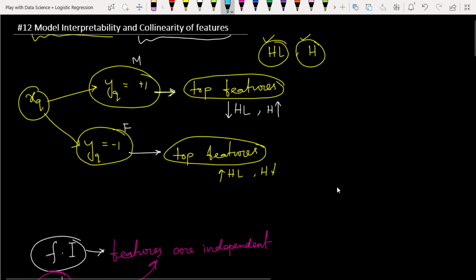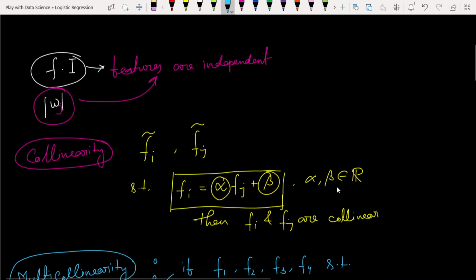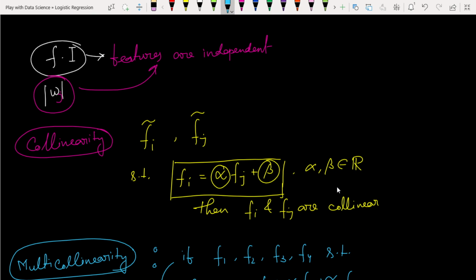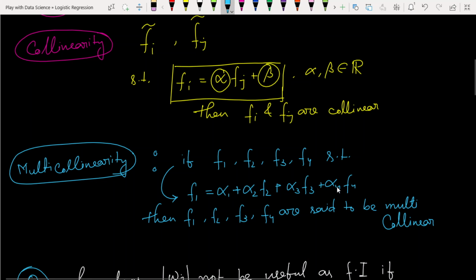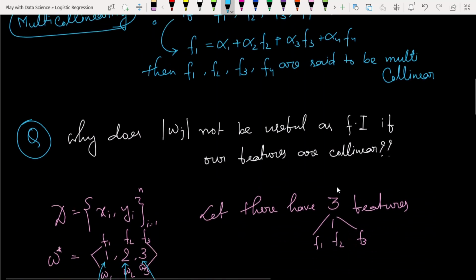If our features are independent, then in linear regression we calculate the absolute value of wj for the jth feature, and according to the maximum values we decide feature importance. But if features are linearly collinear, meaning one feature can be written using the other features by a linear equation, then we first check using the perturbation technique.